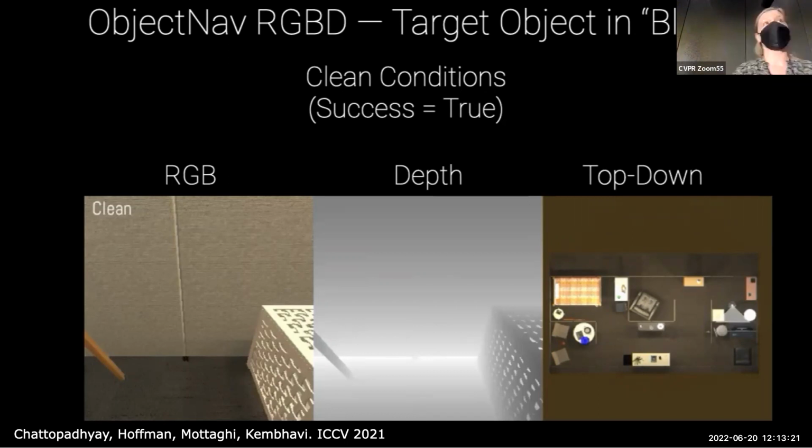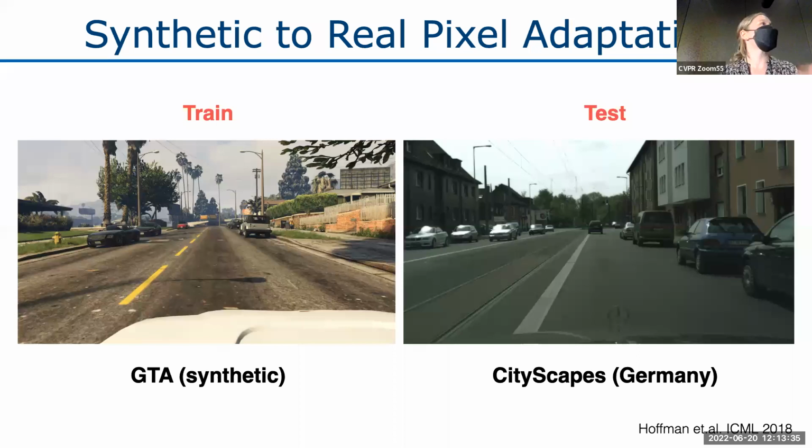Now, of course, this is a simulated environment, and frequently in computer vision, we do use simulated data. And the reason why we use simulated data is it's going to be much cheaper to use in practice, and it might allow us to actually generate all of these scenarios that are potentially going to be experienced at deployment time, both for evaluation, as was done in RobustNav, but also for training.